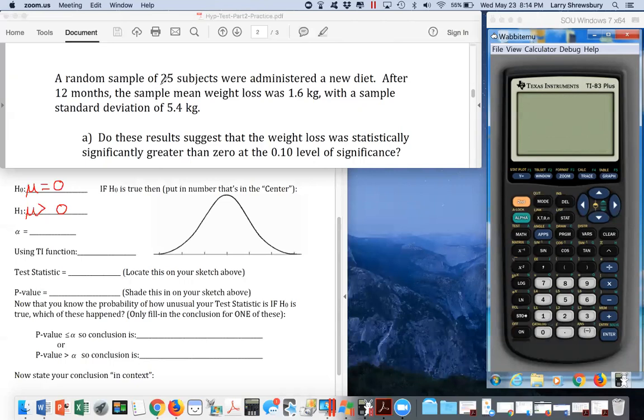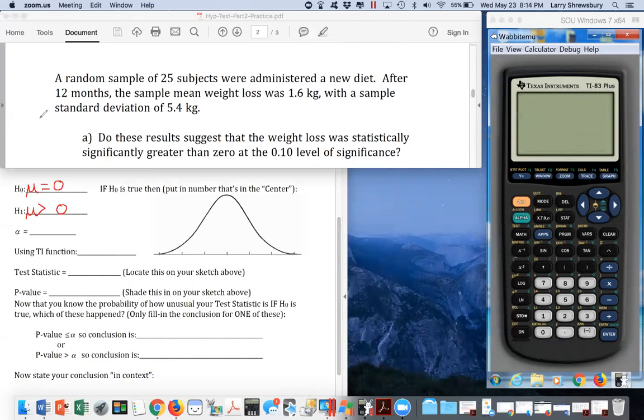There's 2 ways this can work. You can have a sample size less than 30 if we know that the population is normal. Did they tell us that the population was normal here anywhere? No. So here's what we've got to do.